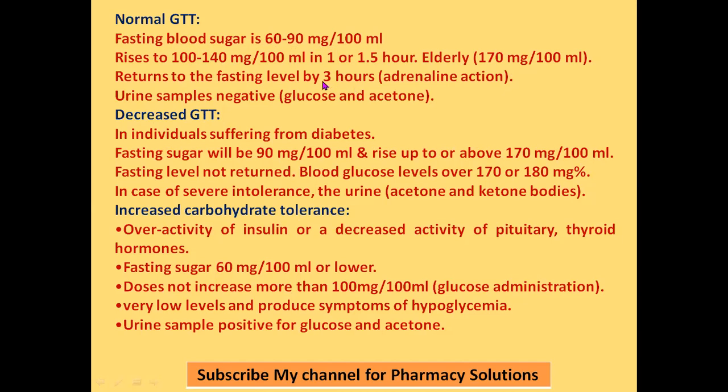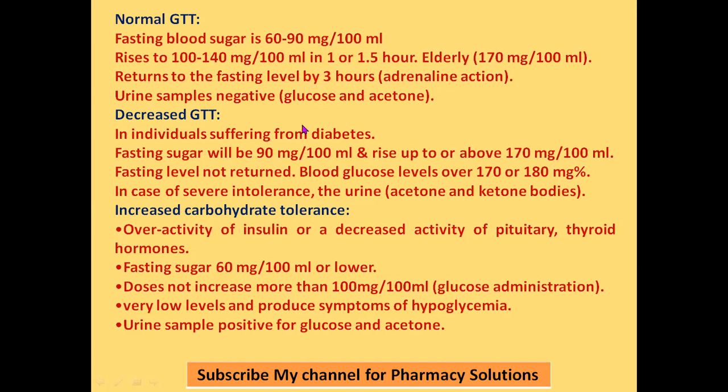Why does it come down to the fasting level? Because of the action of insulin. Insulin is stimulated due to the increased blood sugar level, because you have given an extra dose of glucose. That stimulates the secretion of insulin, which utilizes the glucose and brings the glucose level down to the fasting level. So the increased glucose level returns to fasting level by 3 hours.